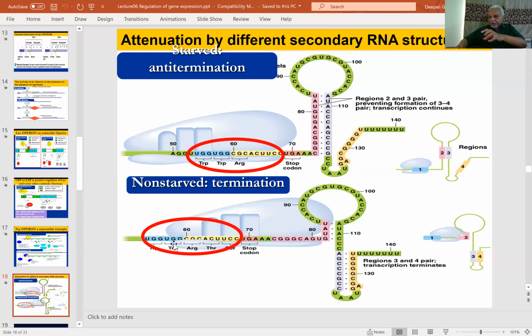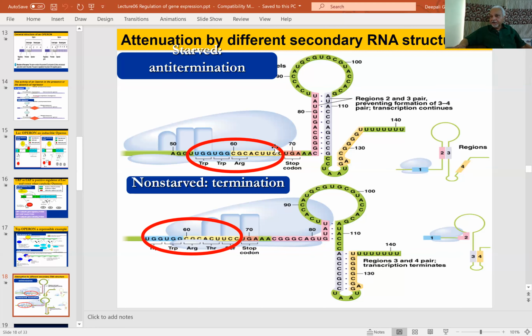But then when some amount of transcription is present, what happens? You have this 2 and 3 pairing bringing about this kind of structure, creating the stop stem-loop structure, which gives the transcription stop signal basically, and the transcription is stopped here.